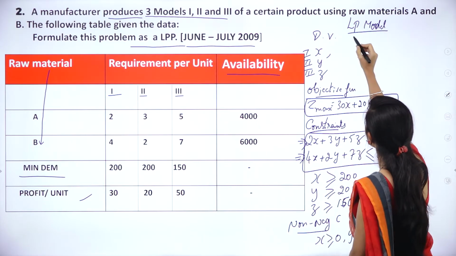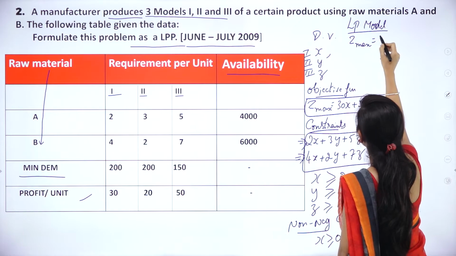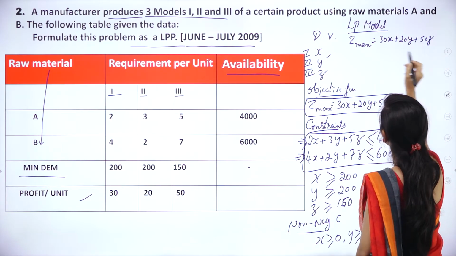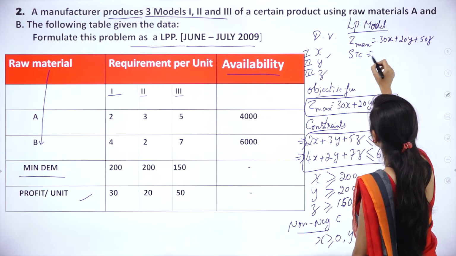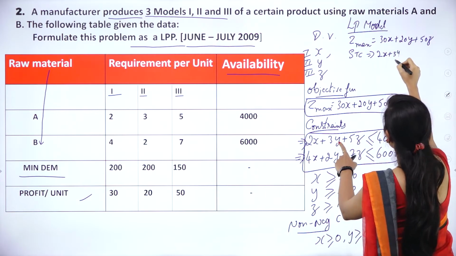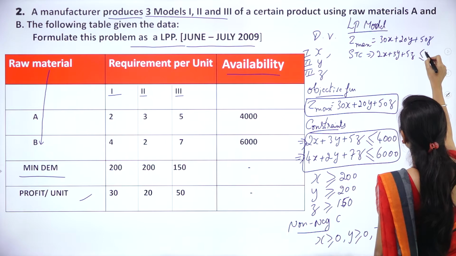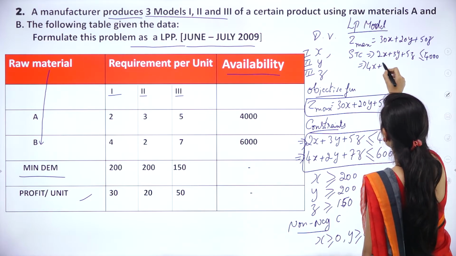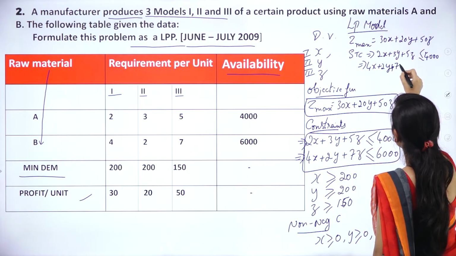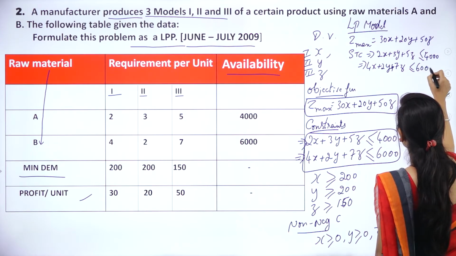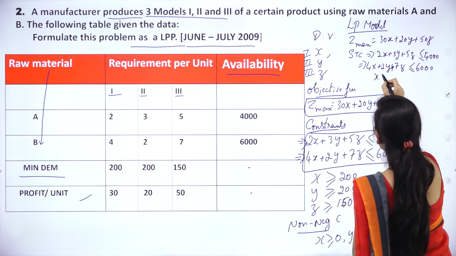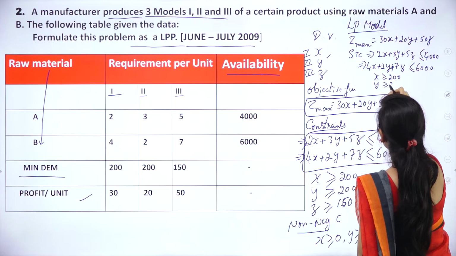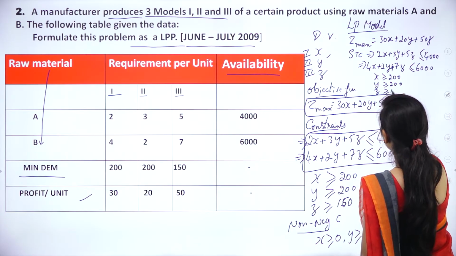What is the objective function? Z max is equal to 30x plus 20y plus 50z, subject to the constraints: 2x plus 3y plus 5z less than or equal to 4,000, and 4x plus 2y plus 7z less than or equal to 6,000, and x greater than or equal to 200, y greater than or equal to 200, and z greater than or equal to 150.